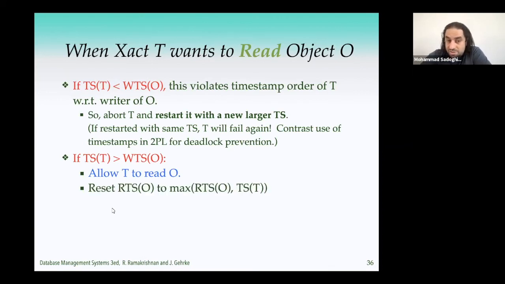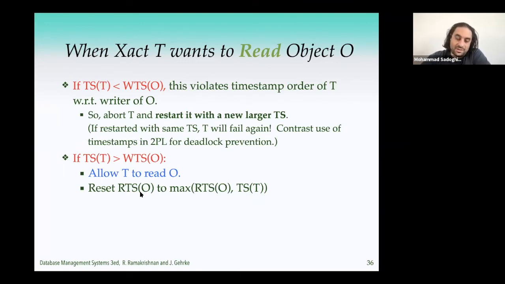Then what I also need to maintain is that, as we said, every object needs to have a read timestamp. And now the read timestamp of O is going to be set to this new 6 p.m. Of course, if the read timestamp of O is already 7 p.m. because an even newer transaction has read it, we're not going to modify it. We're just keeping the maximum.